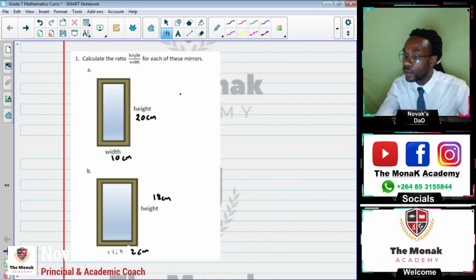So height is 20 divided by width, which is 10. We simplify, cancel, and get 2/1, which is 2.